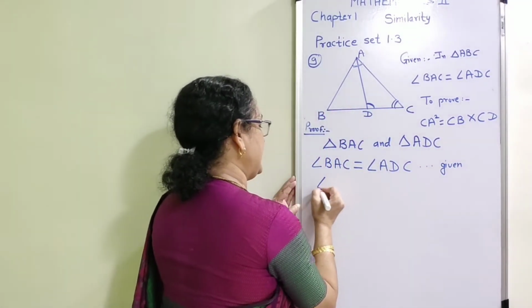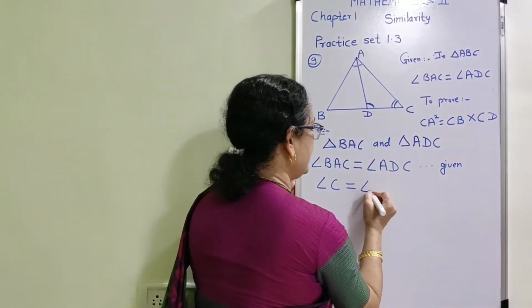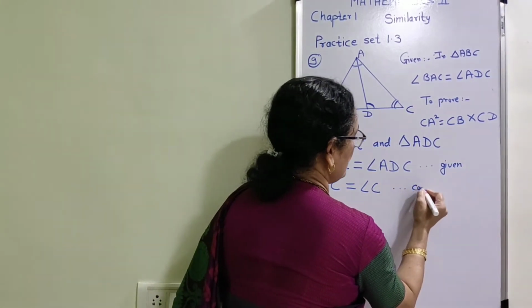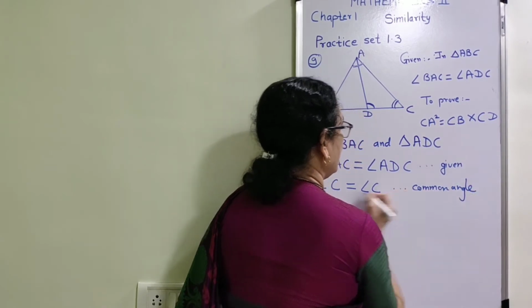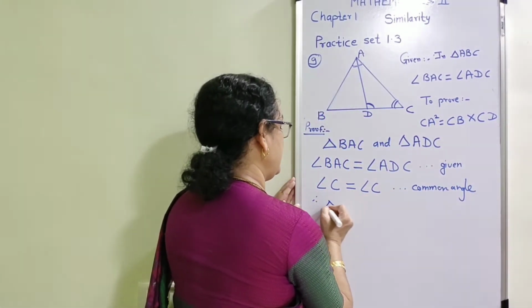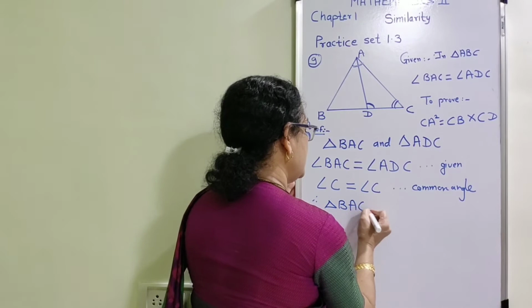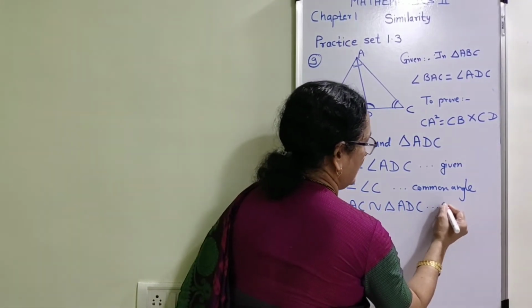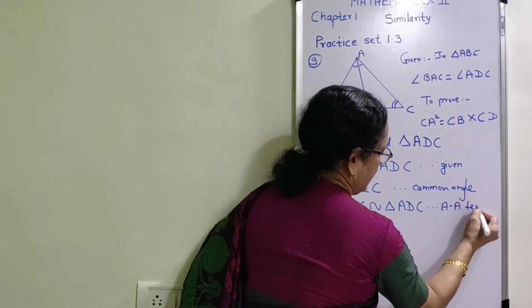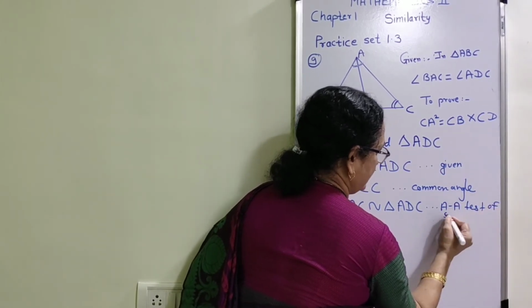Next, angle C is equal to angle C, this is the common angle, and therefore triangle BAC is similar to triangle ADC by AA test of similarity.